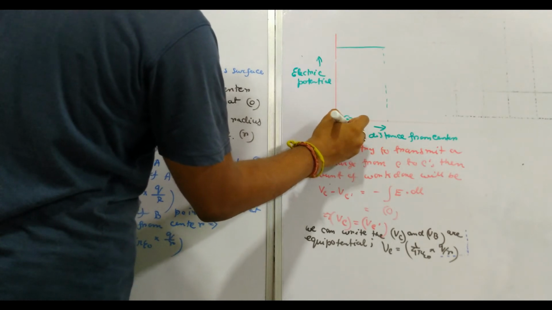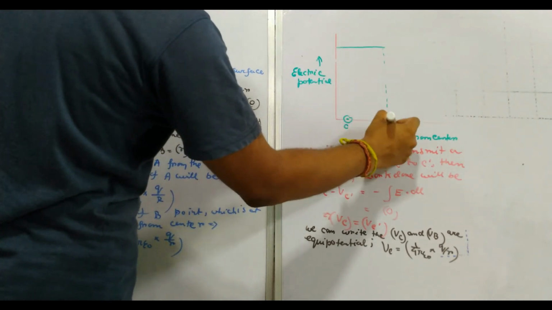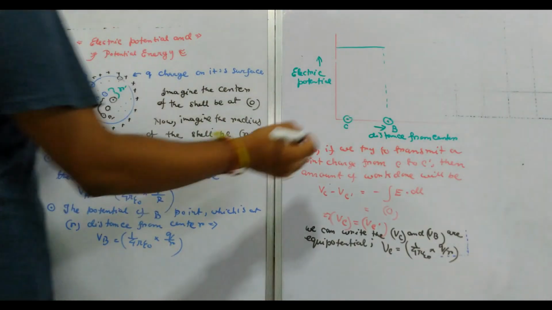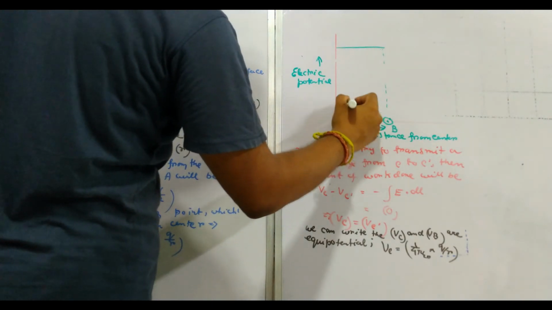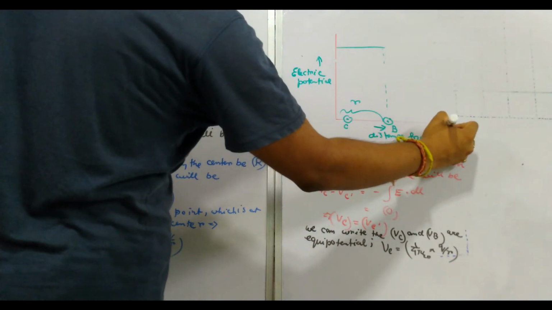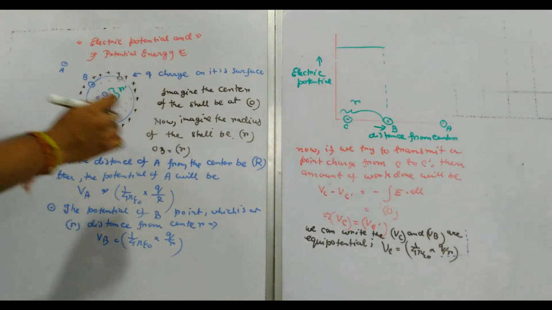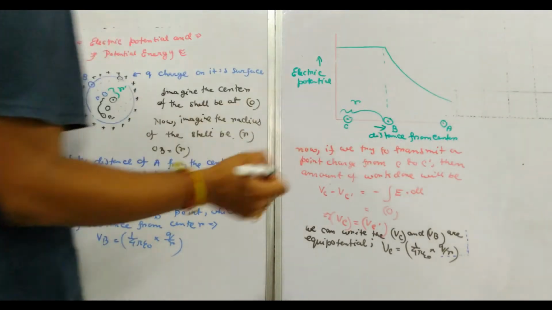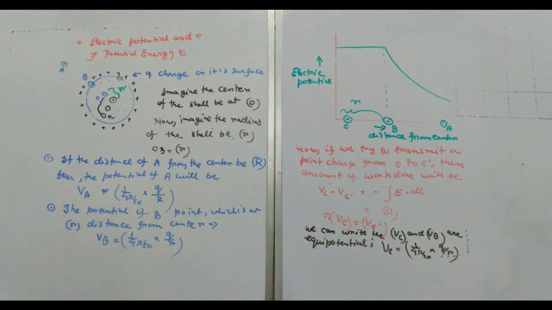So imagine this is the C point and this is the B point placed at the top of the spherical surface. So this distance can be measured by smaller r, that is the radius of the spherical surface, and if we imagine that A point is away from the spherical surface, then the potential will drop and this graph will be denoted in this way. Clear? But up to the surface of the spherical surface, the total electric potential at each point will be the same, and those will have the maximum value.